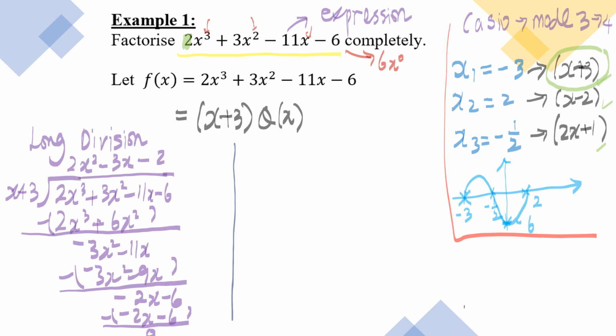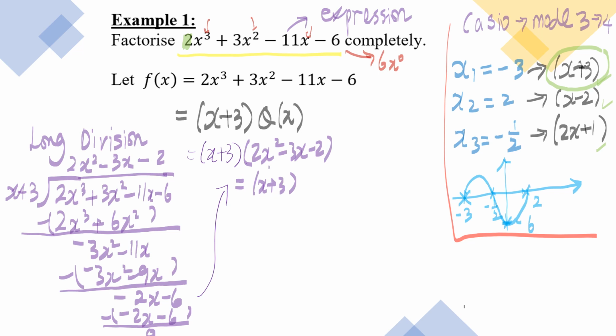And then how do you present your answer? So what you get will be, right here, this will be equal to x plus 3 multiplied with the quotient, which is 2x squared minus 3x minus 2.